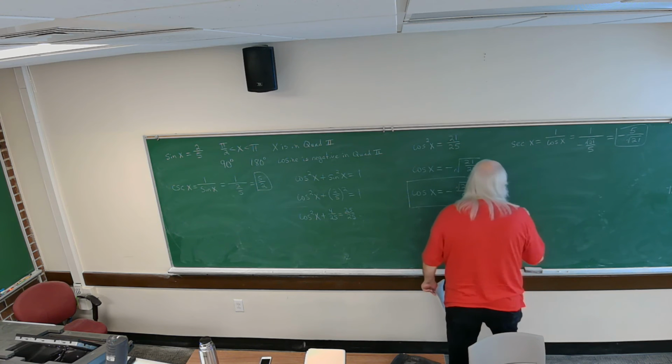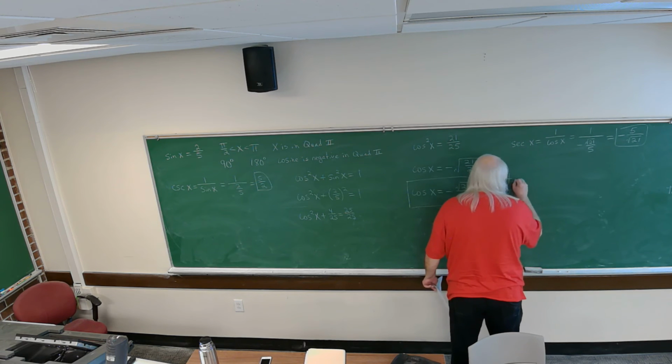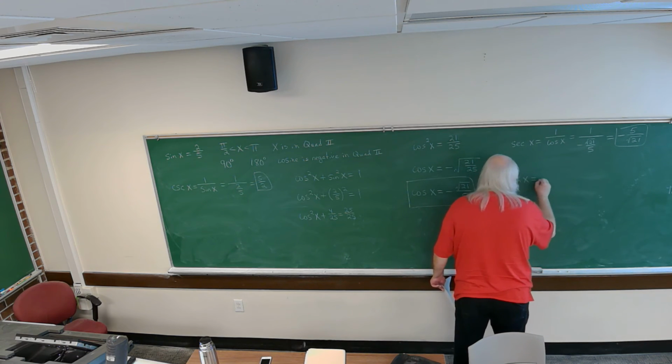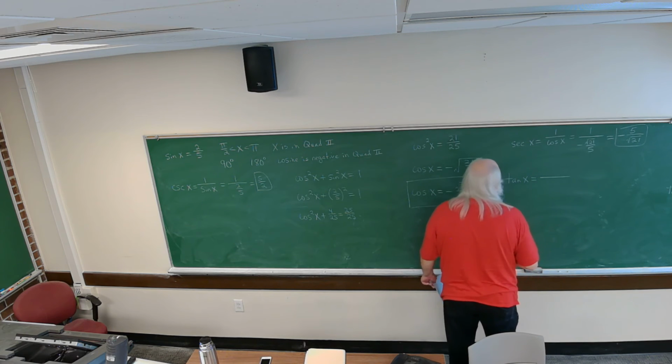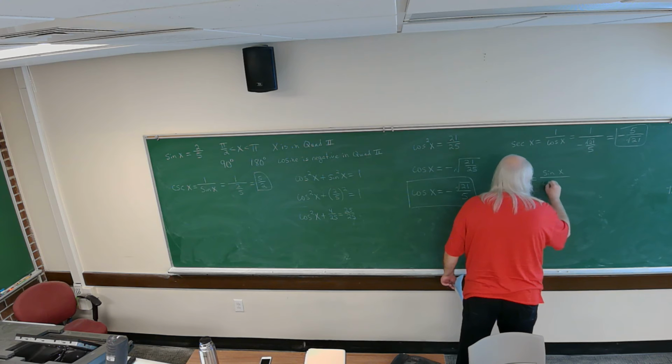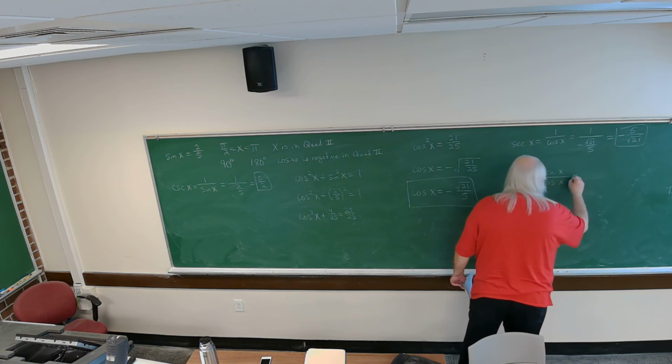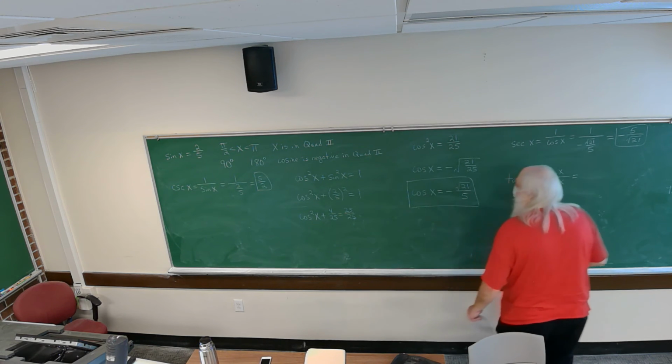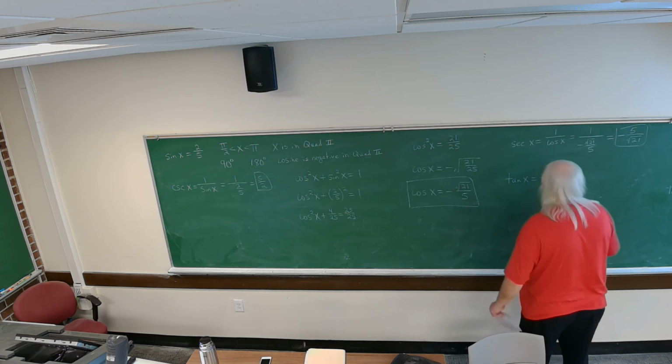And then tangent x and cotangent x, a little more labor intensive, right? Tangent x is sine of x over cosine of x. Sine of x is 2/5.